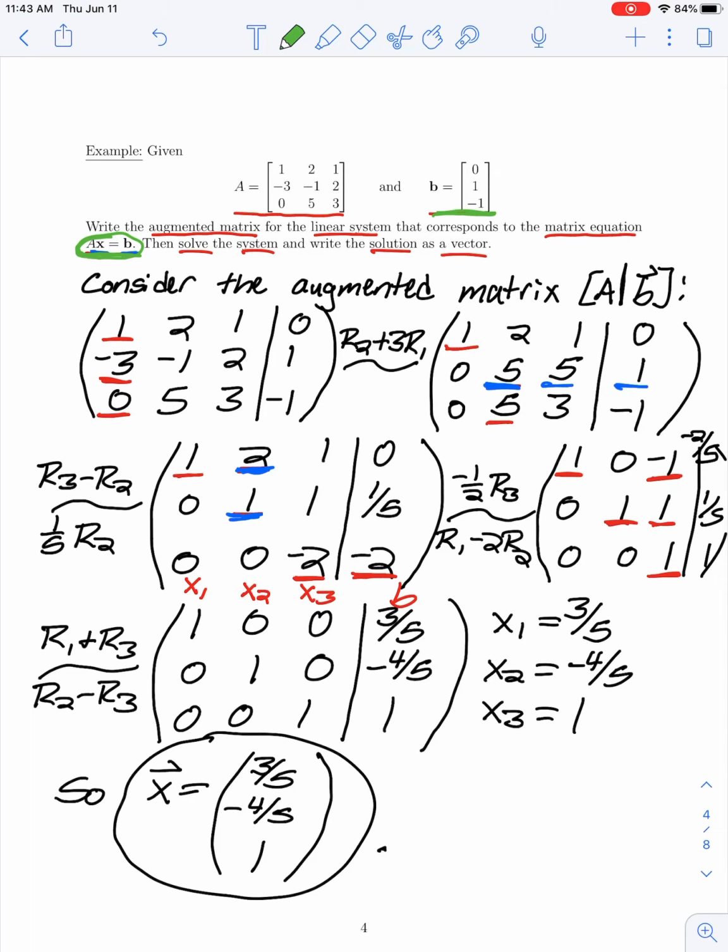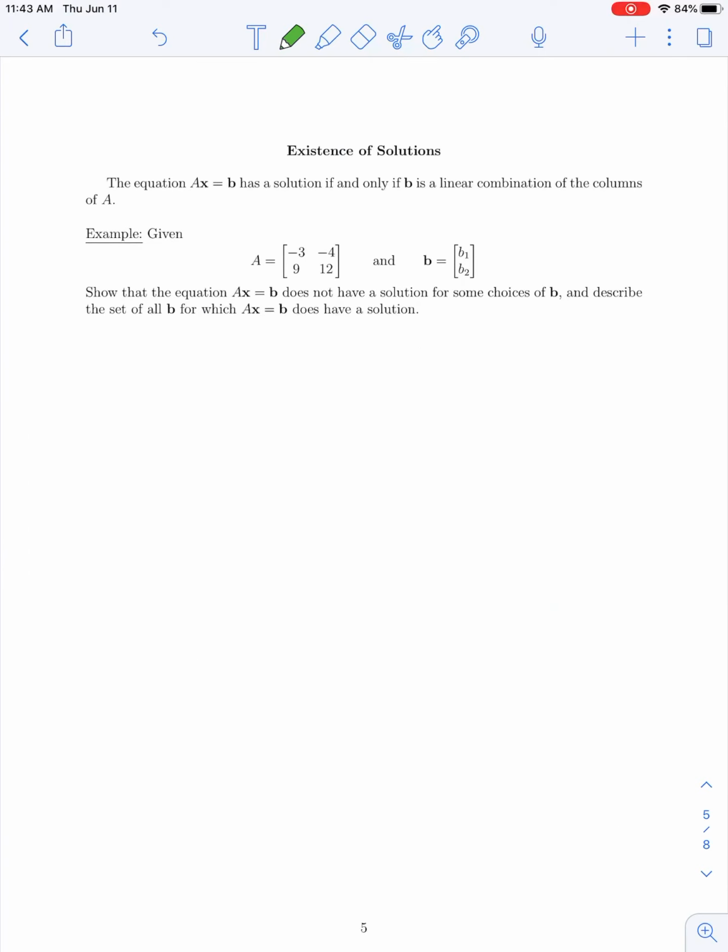Okay, so let's look at the last part of this section on the existence of solutions.